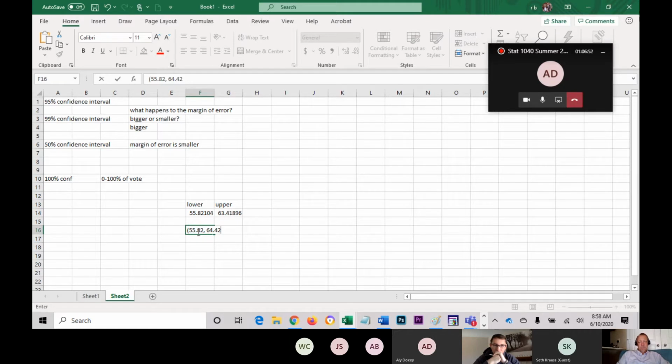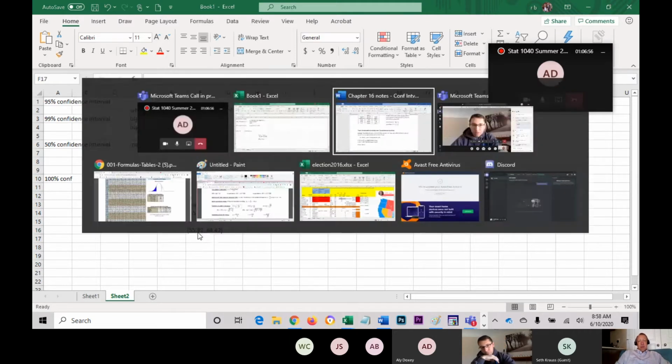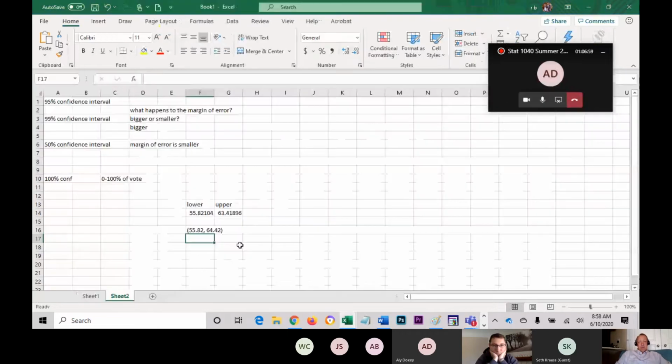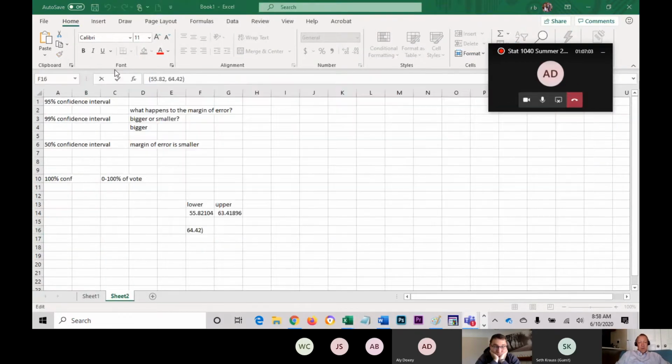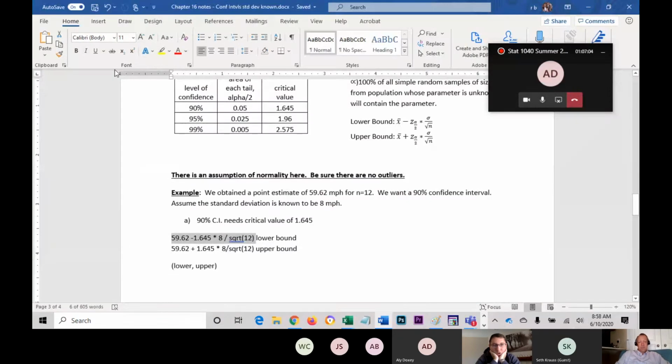Okay. So now the other thing that I want to mention, so here I'm going to copy that before I forget. Okay, so here's your confidence interval.